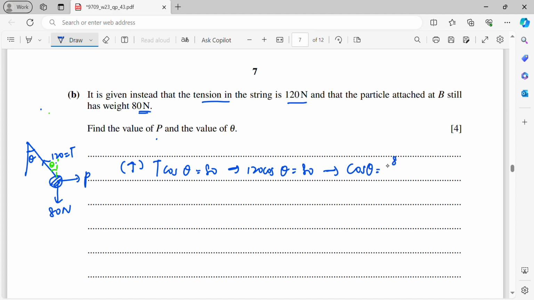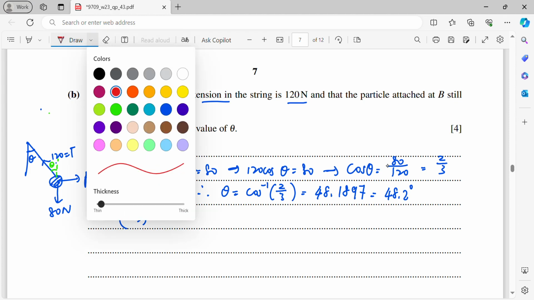Cos theta is 80 over 120, which is the same as 2 over 3. Then theta is inverse cos 2 over 3, and you will get 48.1897. Now I round to one decimal place, that is 48.2.